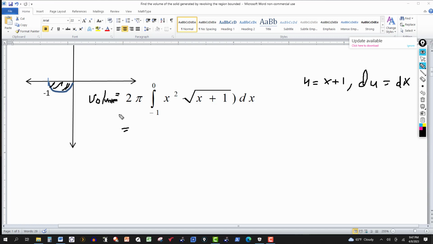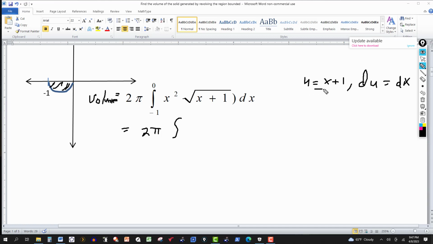And then let's transform this. So I get the 2 pi here, and I'm going to leave the limits off for right now because I'm going to change those in terms of u. Let's make the substitution here. X plus 1 will be replaced by u, but I still have the x squared.